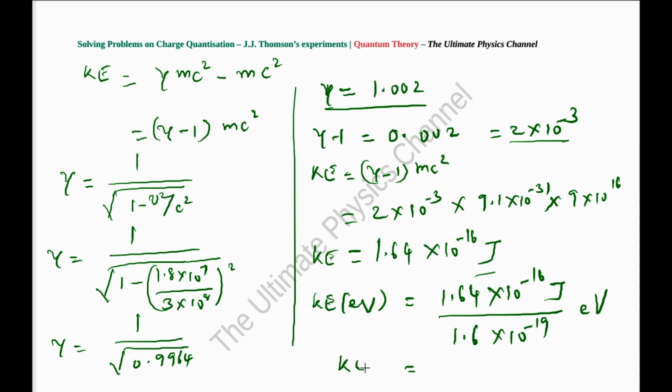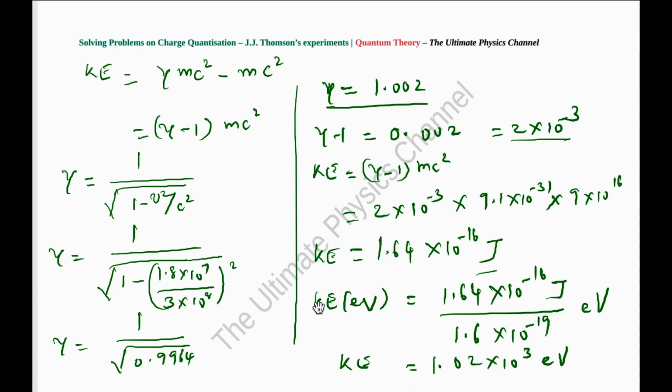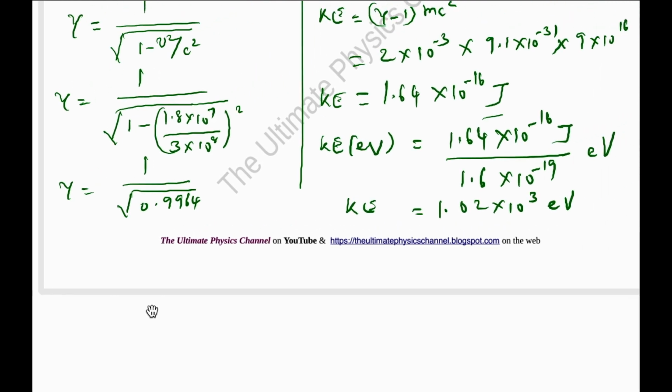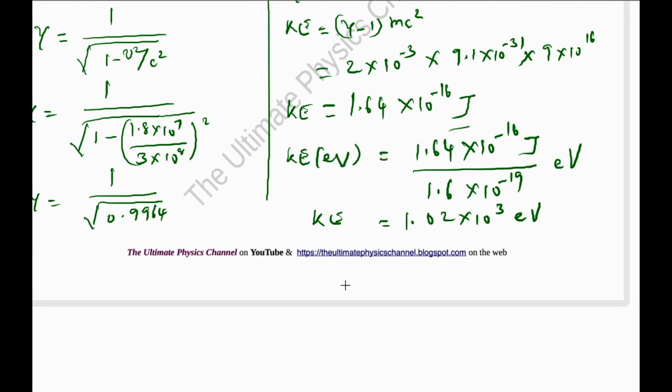So the kinetic energy is therefore equal to 1.02 times 10 power 3 eV, or KE is equal to 1.02 kilo electron volt. This is the final answer for the relativistic calculation of the kinetic energy of the electron.